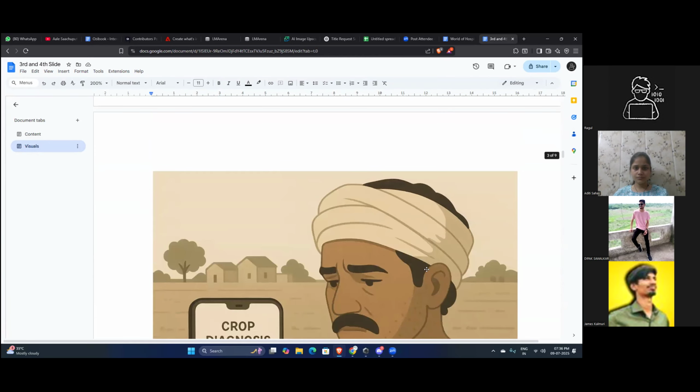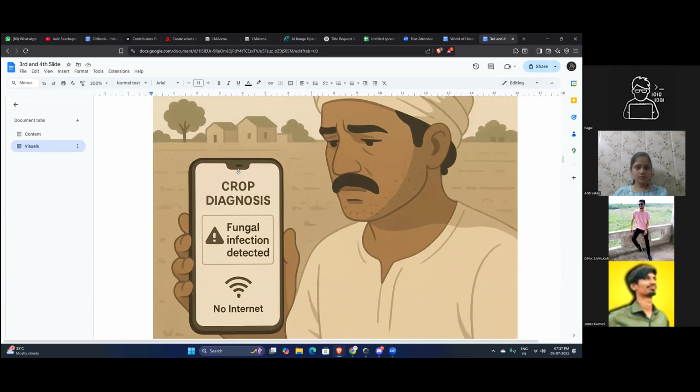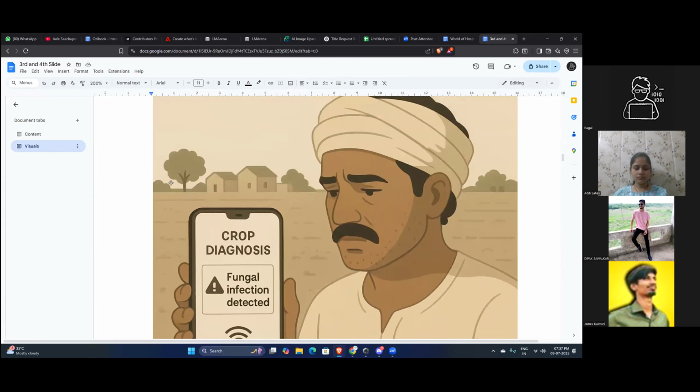And the third one is, even offline, our app will work. For example, there is no internet, but it will detect fungal infection and do crop diagnosis. This background is to demonstrate it's a rural area, no internet, nothing.